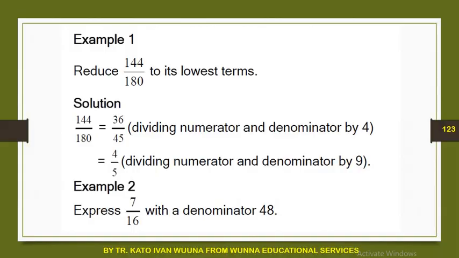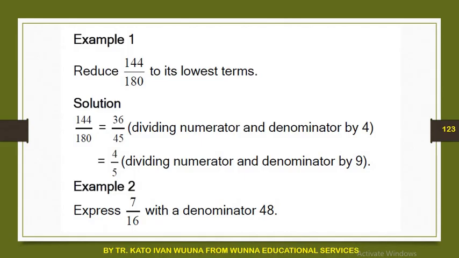That is our example 1, whereby we are supposed to reduce 144 over 180 to its lowest terms. If you look at the numerator and denominator, the two have common factors, as we shall see in our solutions.